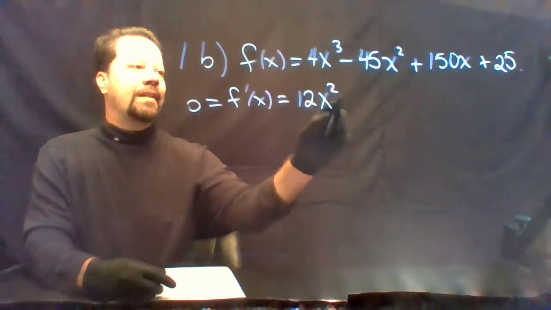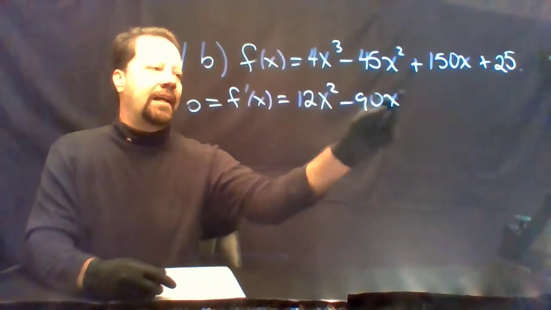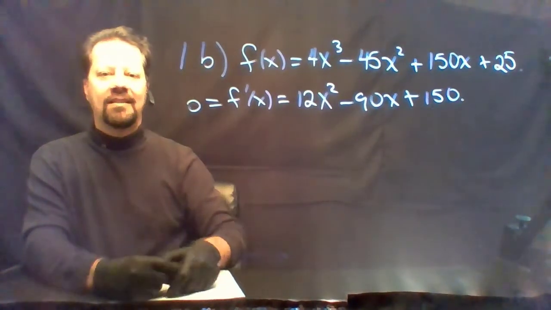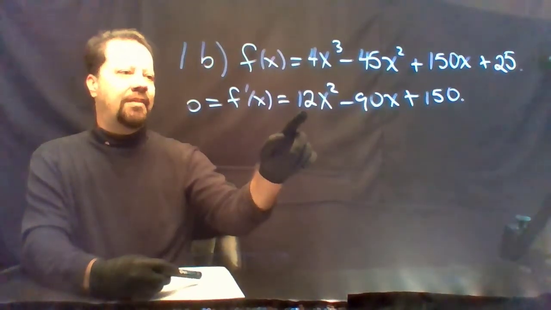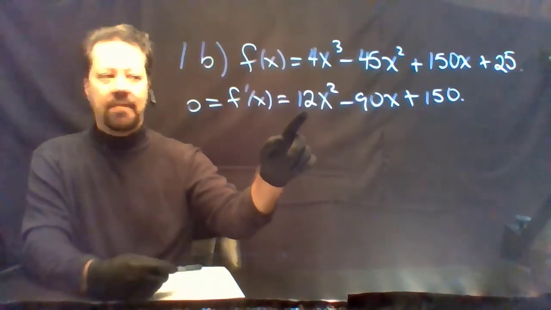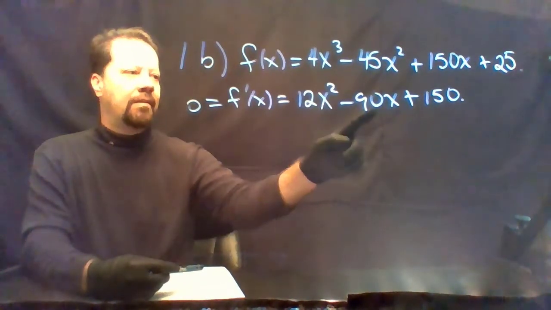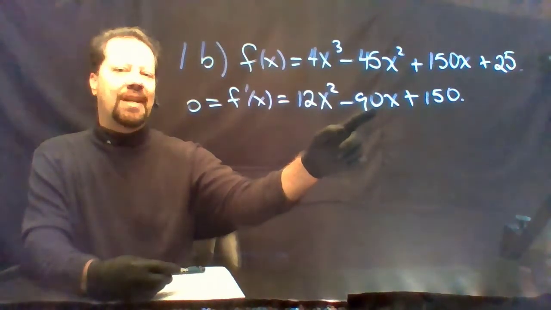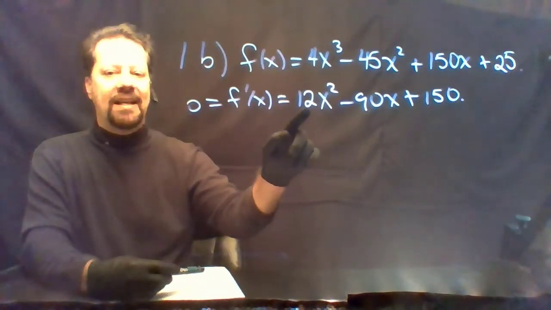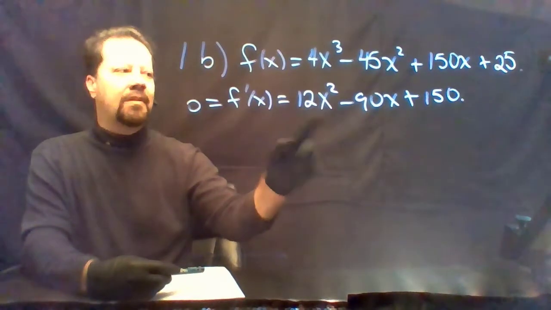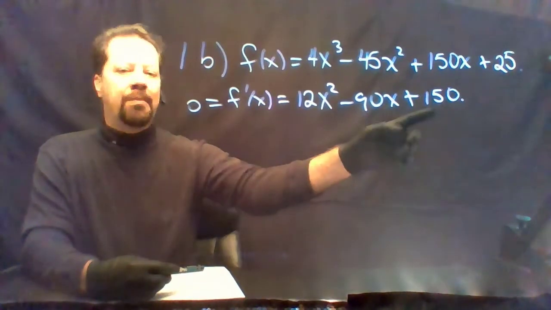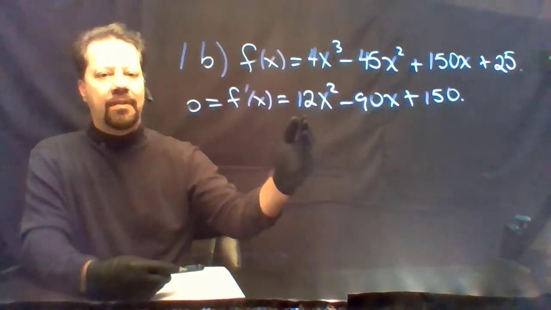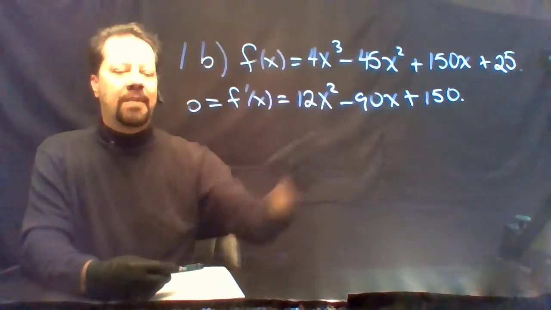We'll have 12x squared minus 90x plus 150. The factors of 12 are, say, 4 and 3. 4 does not divide evenly into 90, so you can at best take out a 2 from that 4. All 3 are divisible by 3, which means we can factor out both a 2 and a 3, or in other words, a 6 from each of these coefficients.